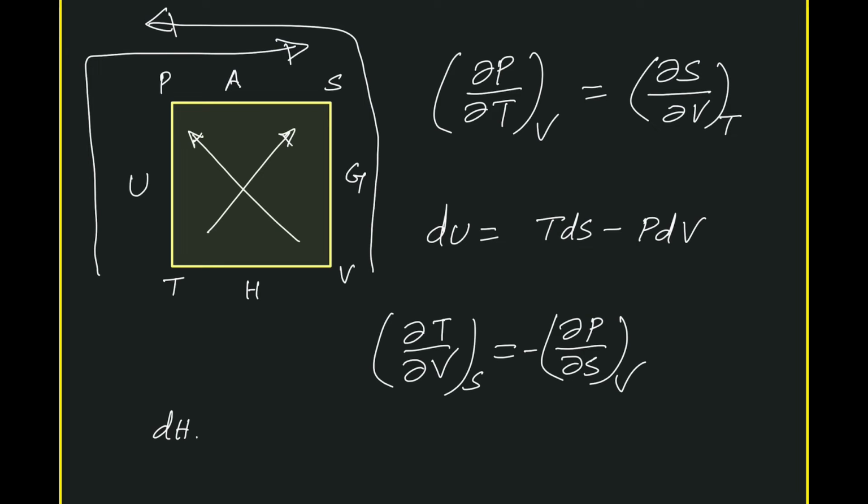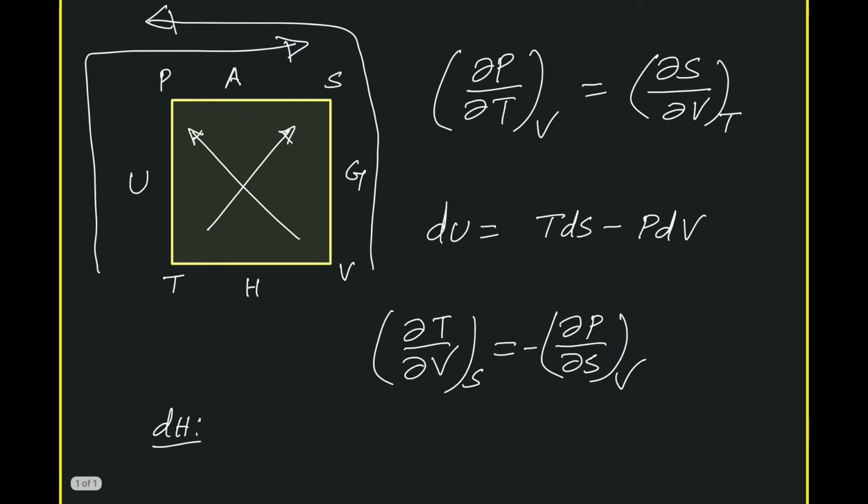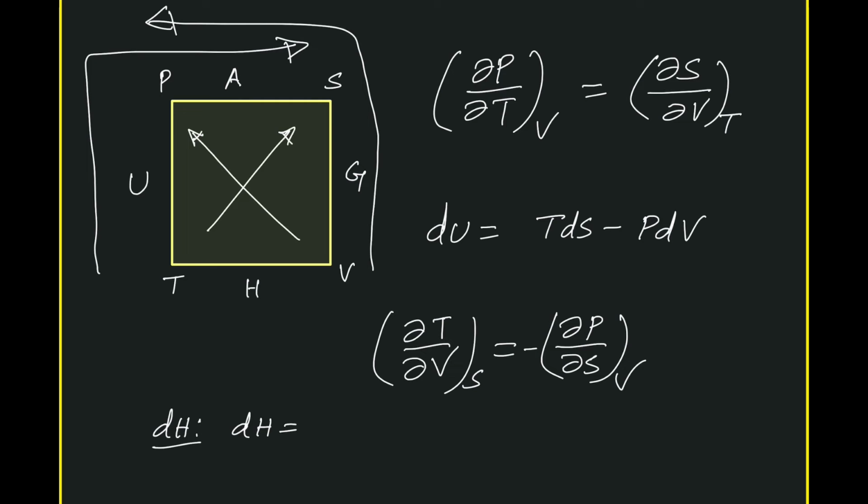What is the energy relation for dH? dH equals, the side variables are T and V. For T, the distant variable is S, so TdS, and for V, the distant variable is P, so VdP, and both are pointing away, so we have positive. Simply TdS plus VdP. So this is the energy relation, and for this we are going to obtain the Maxwell relations.